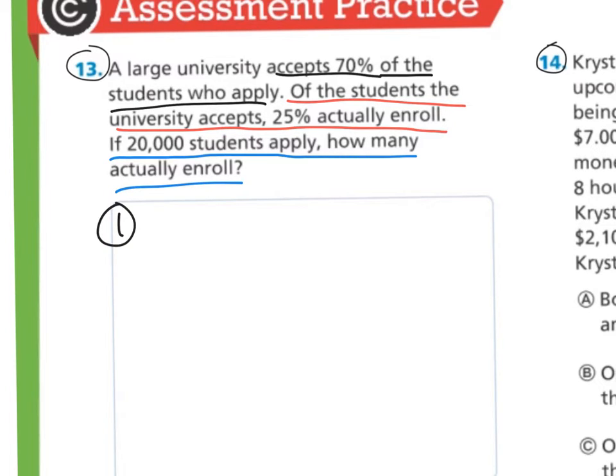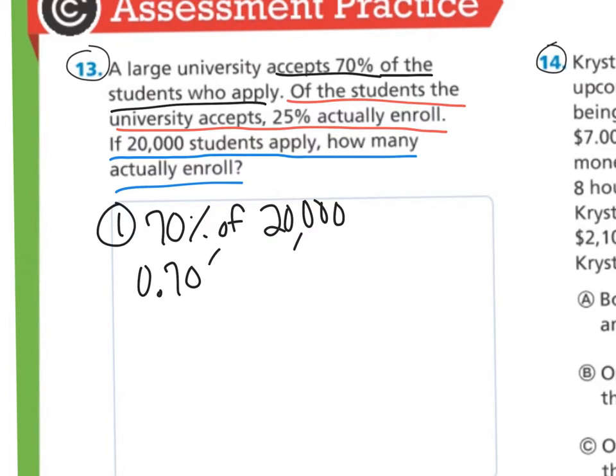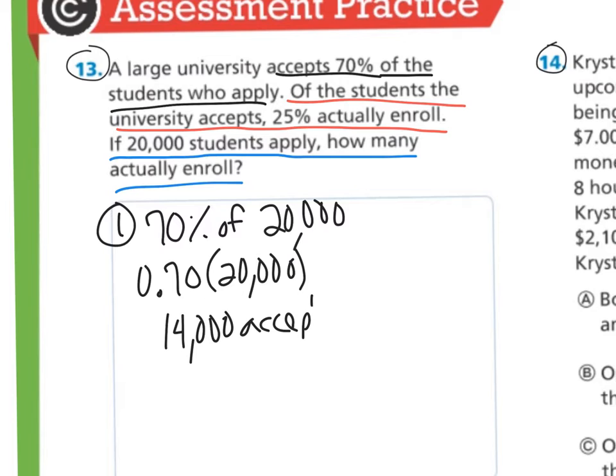A couple steps here then. First of all, we could look at 70% of the 20,000 would actually be accepted. So that means 14,000 would be accepted. Once we figure out how many were accepted, we could see how many enroll.